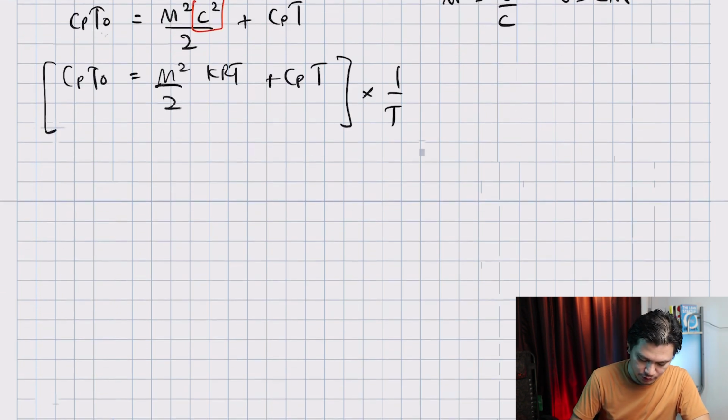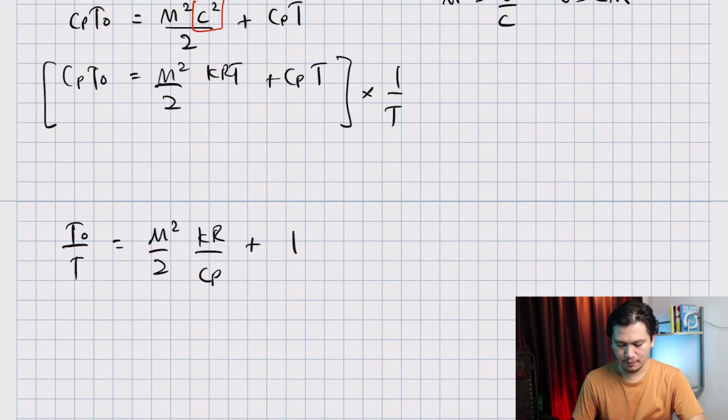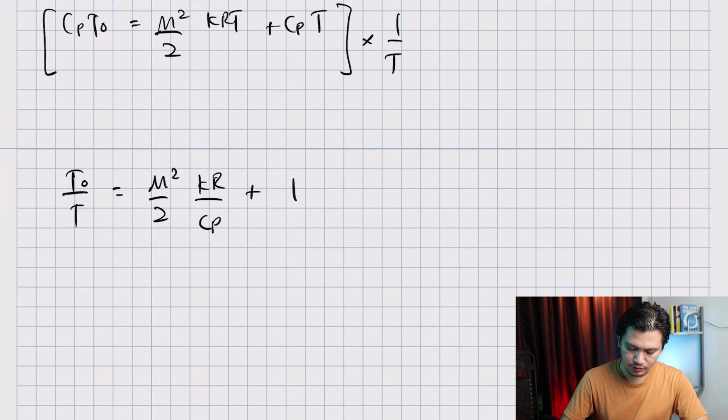So the left hand side, what you have is T0 over T equal to M squared over 2 times kR over Cp, plus 1. That's what you have now, and we also know that R equals Cp minus Cv, and that Cp over Cv is equal to k.